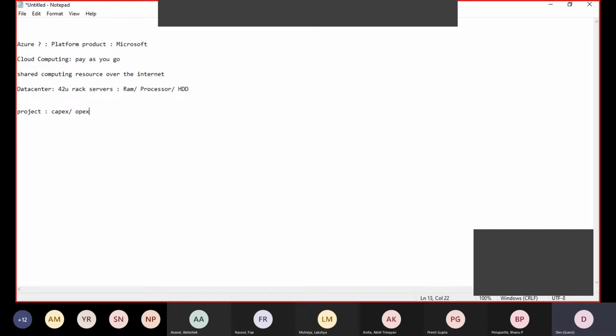Capex is where we are dealing with capital expenditure. Opex is where we are dealing with operational expenditure. Examples of capex are the procurement of machines, licenses, and devices. Opex, on the other hand, is where the operational part comes into the picture. Let's say whenever the project is in progress, you have been deployed over there for the project or for development activities.